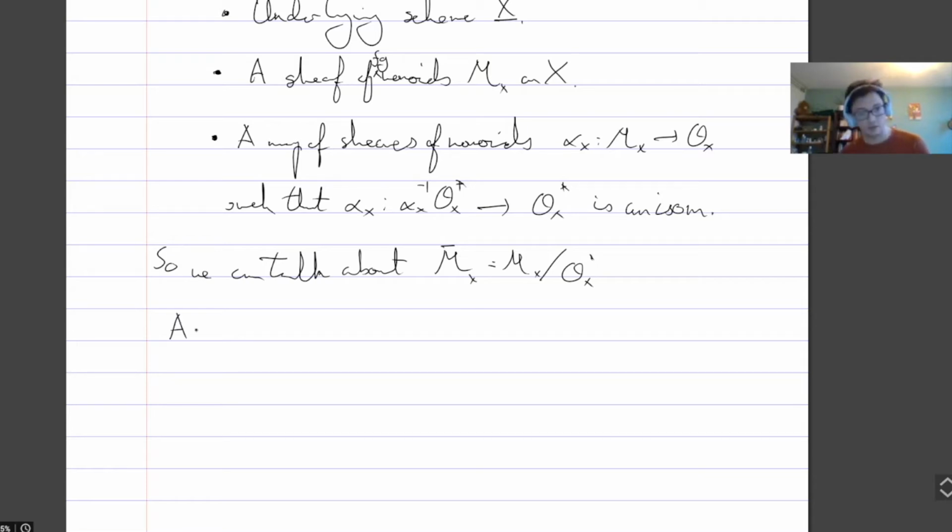Okay, so I should also tell you a map of log schemes.